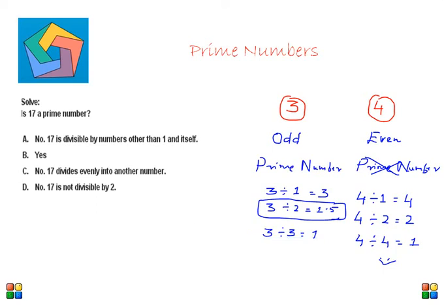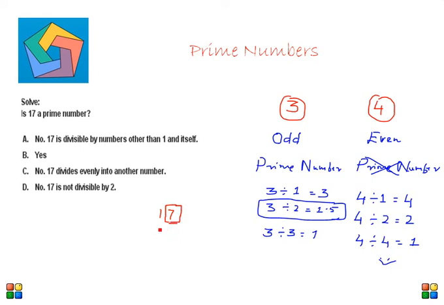So this was the story about prime numbers, and now it's time to start with our questions. First question. Is 17 a prime number? As we can see here, 7 is the last digit in this number, which is not an even number.